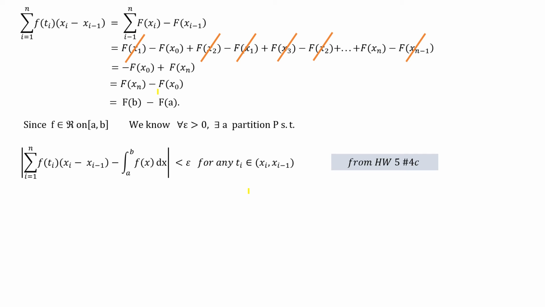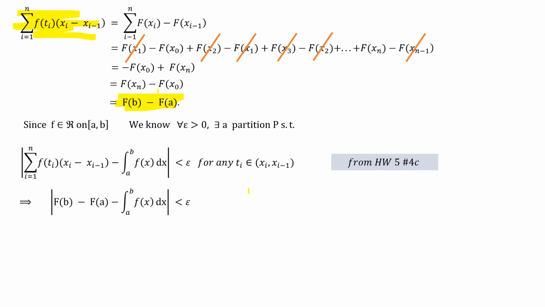Now, since we knew up here that f of t sub i times (x sub i minus x sub i minus 1) is equal to, and again, this is coming from here, this equals that. Since these are equal, what I'm going to do in the next step is just replace this left part with F of b minus F of a, and that's going to be less than epsilon.